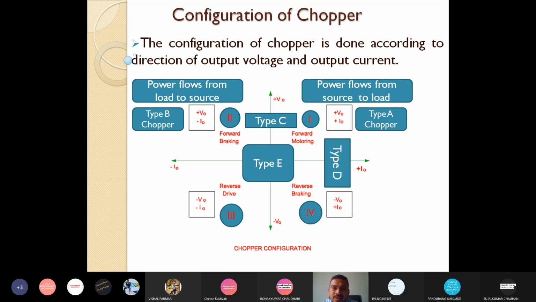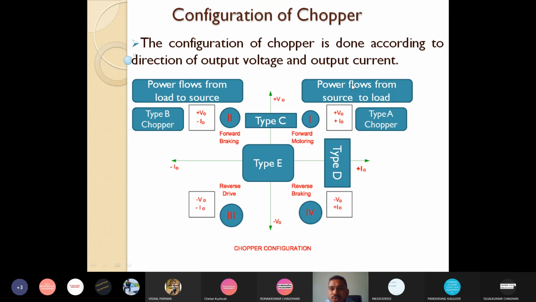One another thing in first quadrant chopper is that power flows from source to load.